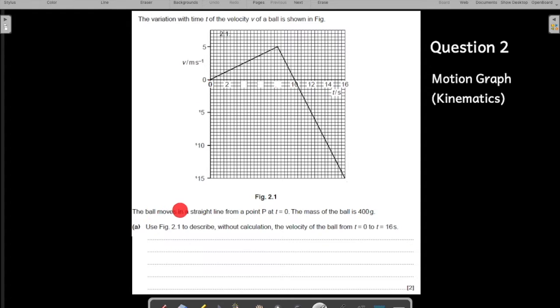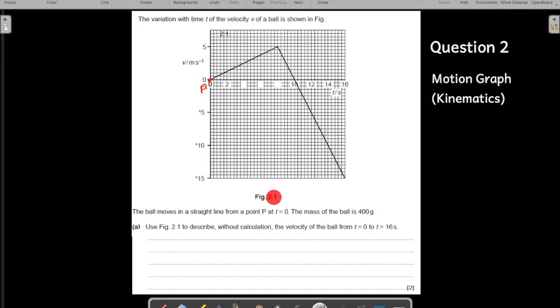The ball moves in a straight line from a point P at time t equal to 0. So time t equal to 0 corresponds to the point P, and the mass of the ball is also given to you, 400 grams.